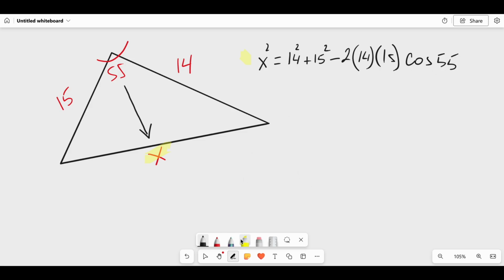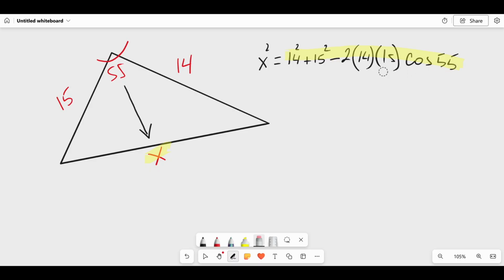Again, use your calculator to find this number: 14 to the power of 2 plus 15 to the power of 2 minus 2 times 14 times 15 times cosine 55.